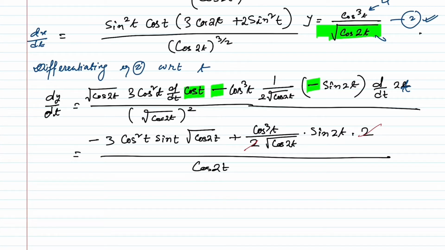Now we can write sine 2t as 2 sine t cos t, isn't it? Let us use this identity here.